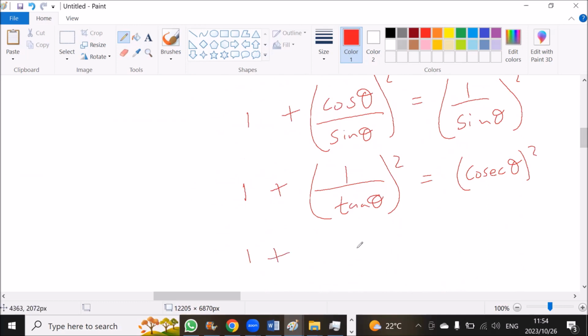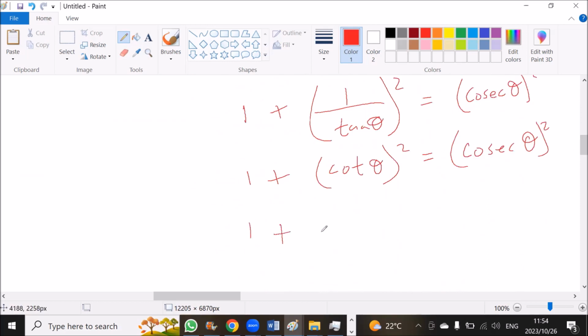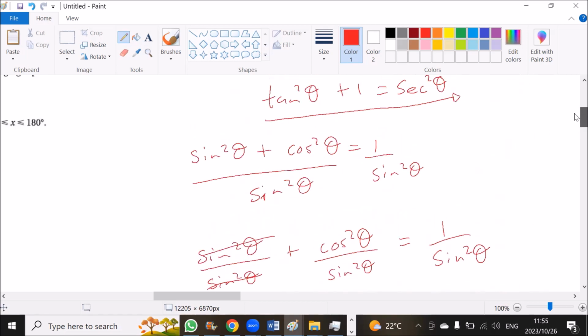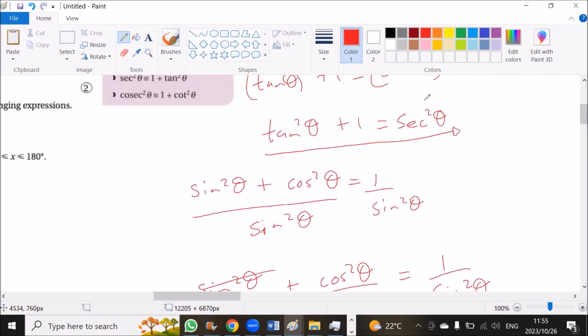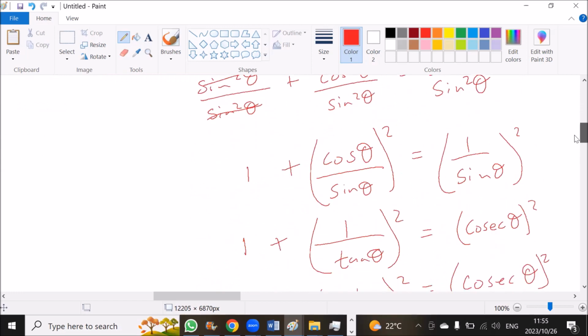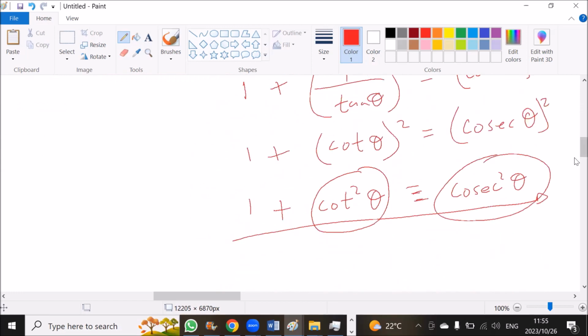This comes up to 1 plus cot theta squared is equal to cosec theta squared. We have 1 plus cot squared theta is equal to cosec squared theta. That's our other identity. So now we have these two identities involving sec theta, cotan theta, and cosec theta.